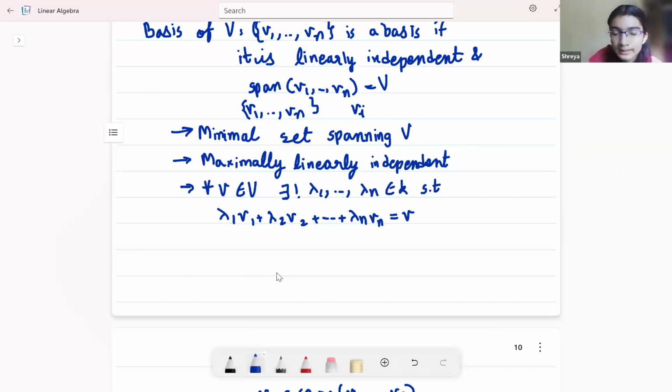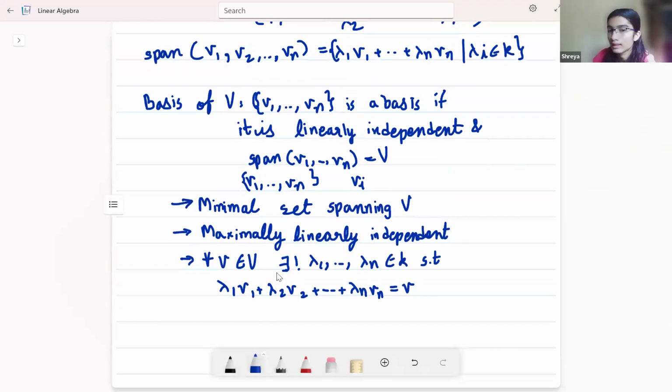Okay, so we claim that these three are all equivalent to being a basis.